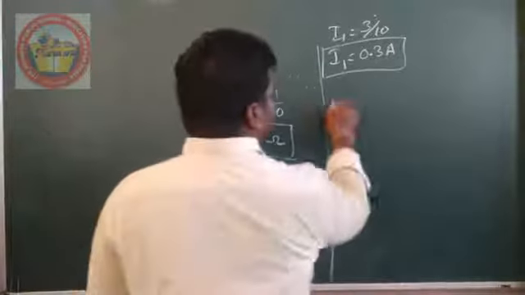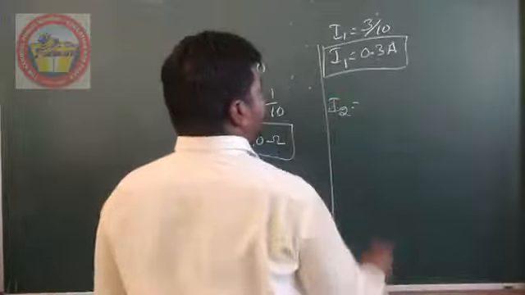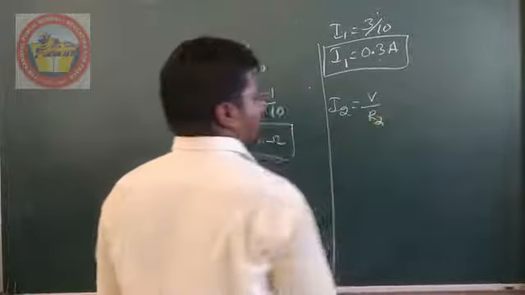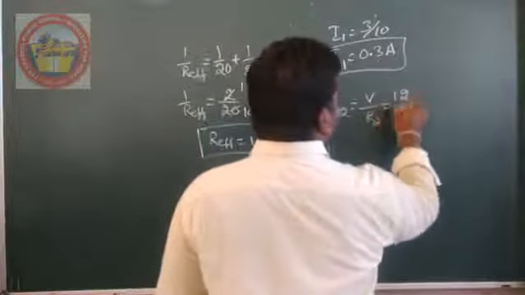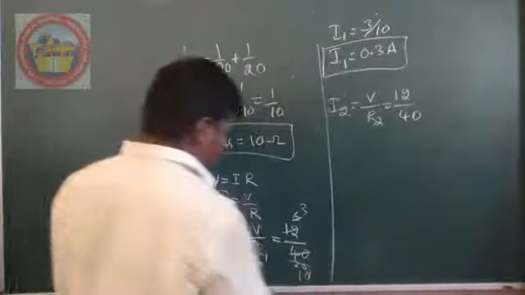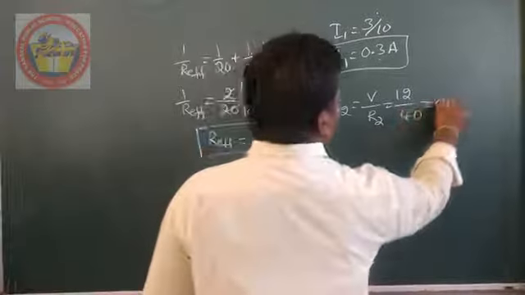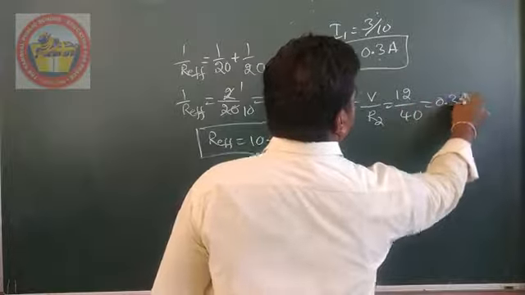Next, I2 is equal to V by R2, 12 divided by 40, same as before: 0.3 amperes.